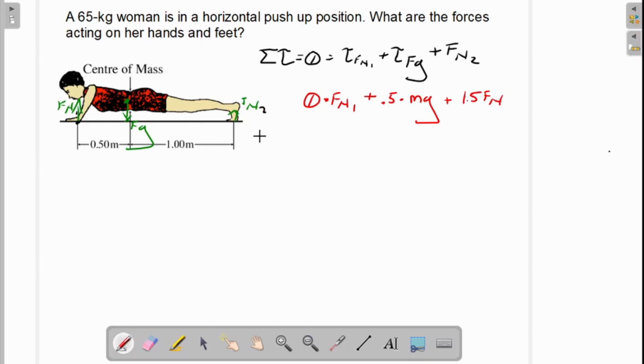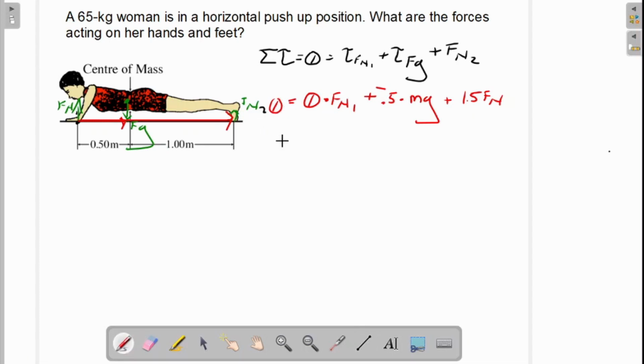I do need to put in some signs here. This going from this point here, gravity goes down, which means I will get a negative torque. And this normal force here goes up, which will give me a positive torque. And this needs to add up to 0.